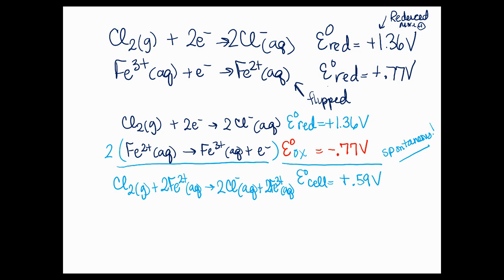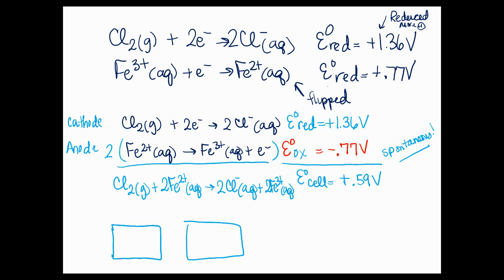Okay, if I was to draw the picture of this voltaic cell, the iron 2 is our anode because it's being oxidized, and the chlorine is the cathode.